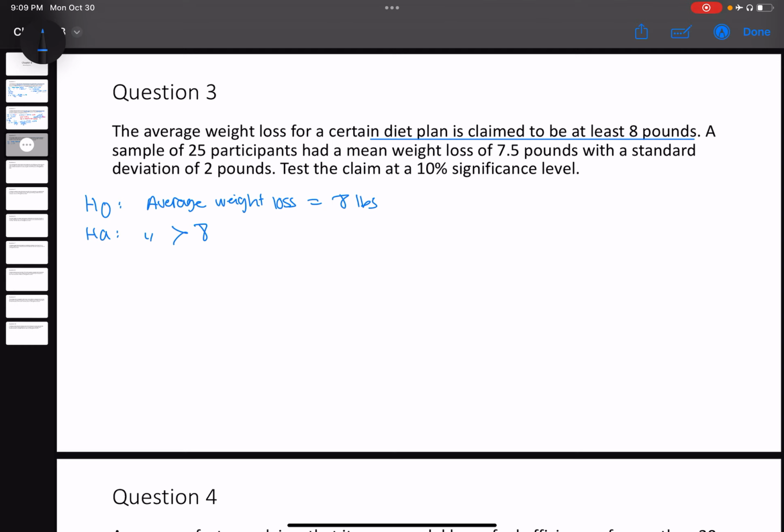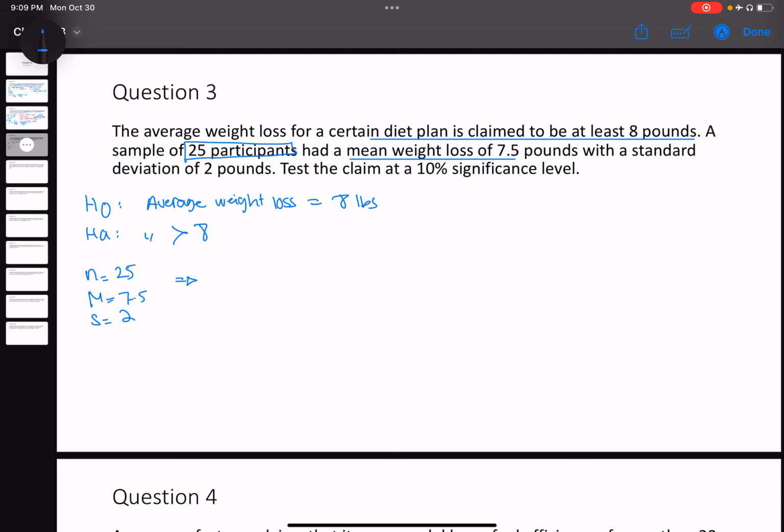Here let's check the number of participants. N equals 25. Mu for the sampling distribution equals 7.5, and S equals 2 pounds.